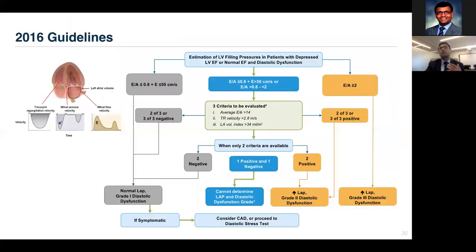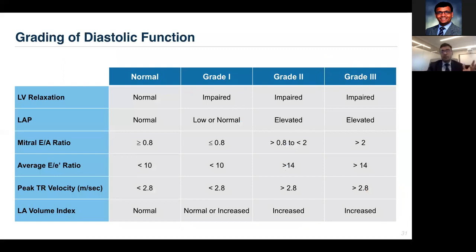Now, to look into the grading of diastolic dysfunction, you have this complex pathway schematic. If you look at the schematic overall, it looks complicated, but it's pretty simple in terms of how it follows. Let me simplify it for you.